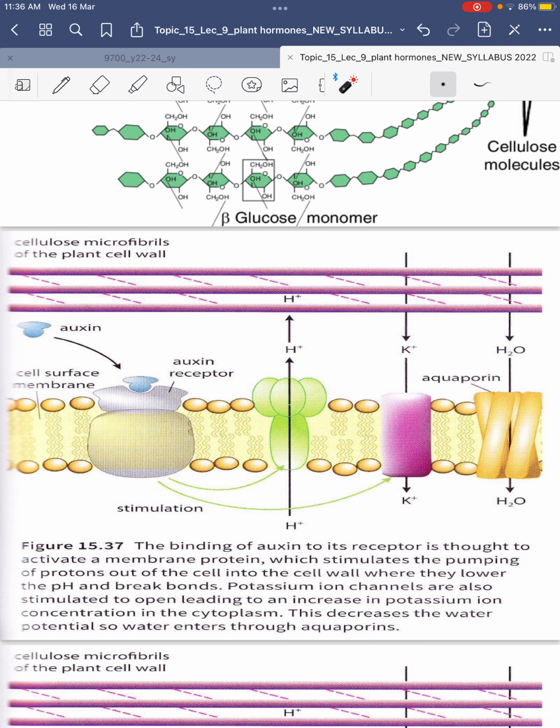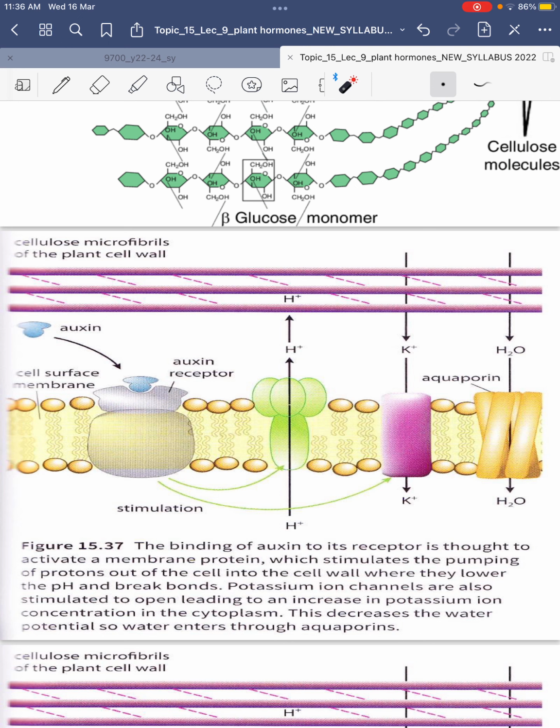This is the same as in the Venus flytrap, but instead of auxin, it is the calcium. In the Venus flytrap, the entry of calcium starts the pumping. But here the auxin must bind to the receptor. You need to remember the complementary binding.